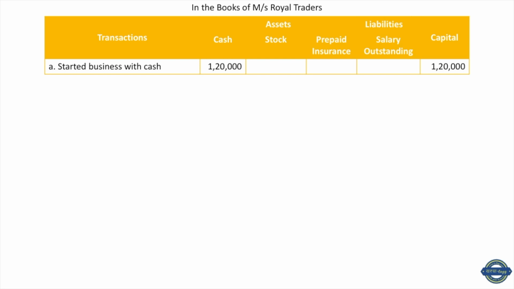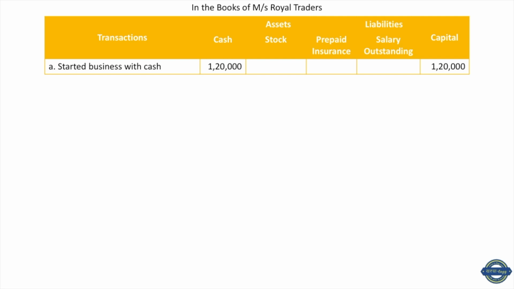So let's start with the first statement. Messrs Royal Traders started business with cash. Here he started his business with cash 1,20,000. So in the business 1,20,000 cash has come in, and the capital of 1,20,000 will be represented as the proprietor of Messrs Royal Traders has brought this cash.